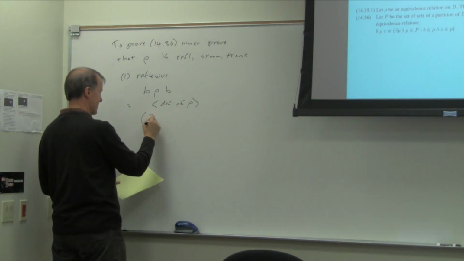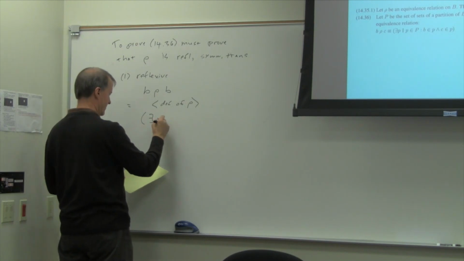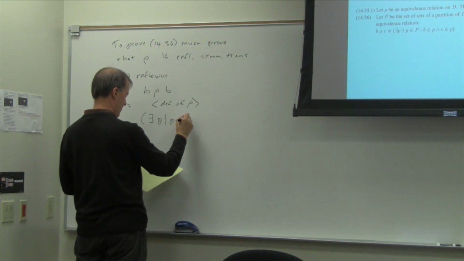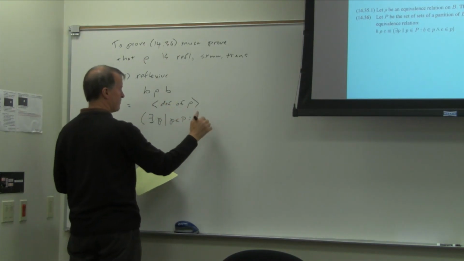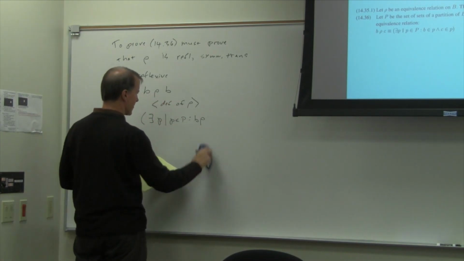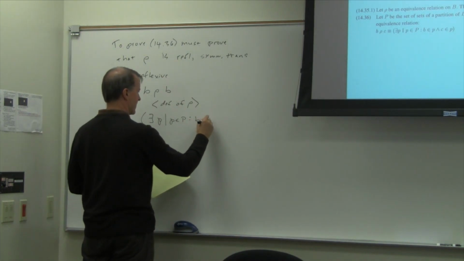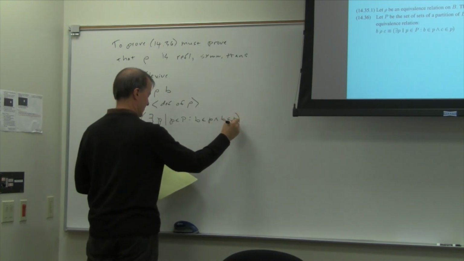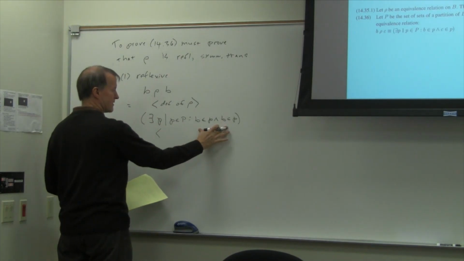There exists a little p, where p is an element of the partition, and B is an element of p and B is an element of p. Yes. B is an element of p and B is an element of p. But what is this?